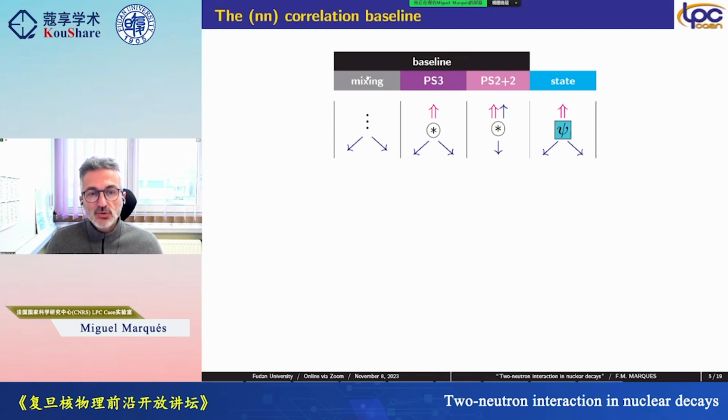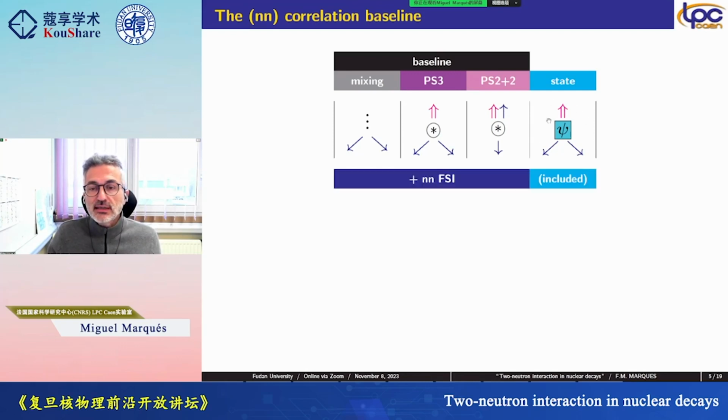By event mixing, you have what you should have measured without correlation, and this is your reference. You can also, in few-body decays, have phase space as a reference. So 3-body phase space, for example, or sequential 2-body phase space. And of course, you can also have microscopic calculations of the structure.